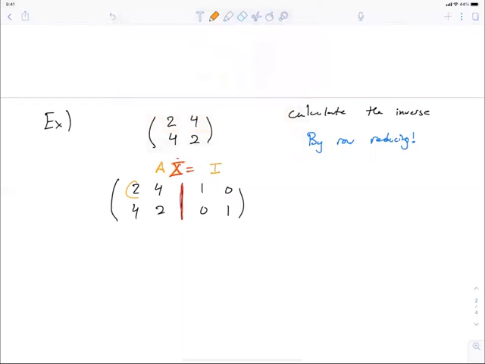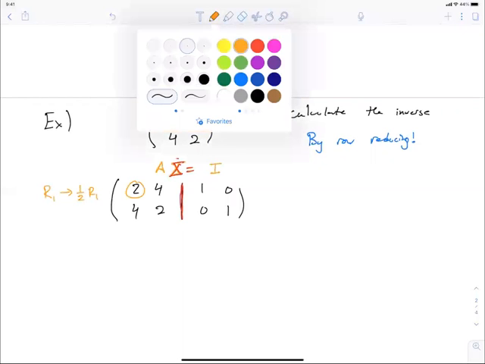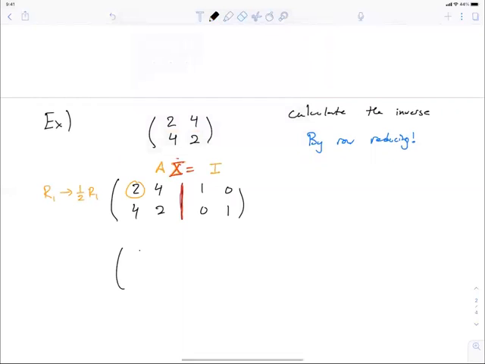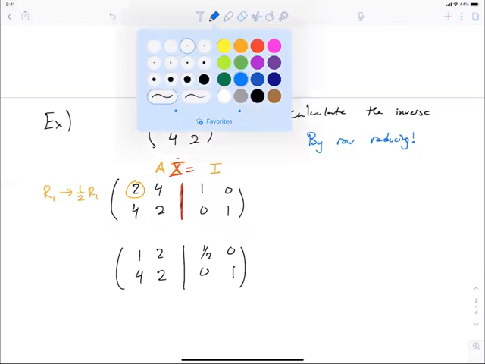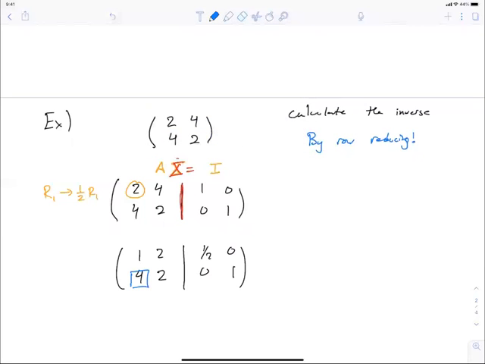So here we have that one. We're going to take row 1 and scale that by a factor of 2. And then we're going to go ahead and take row 2 and subtract 4 times row 1.